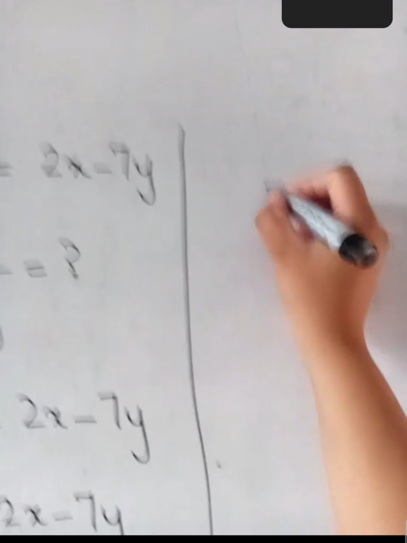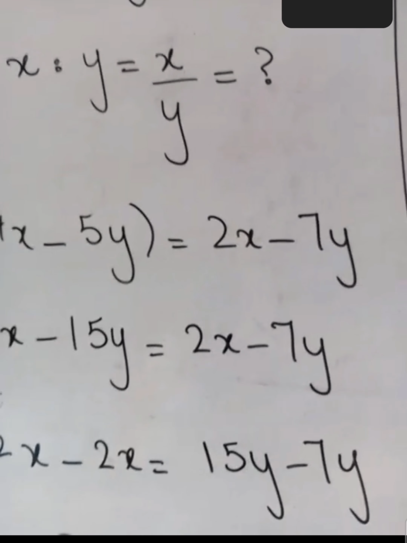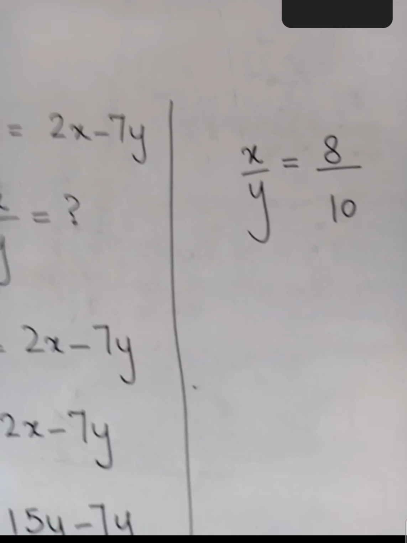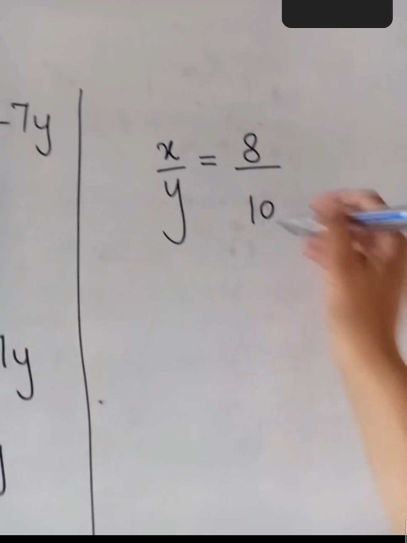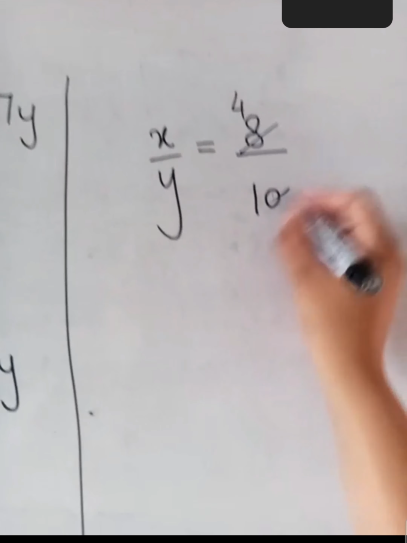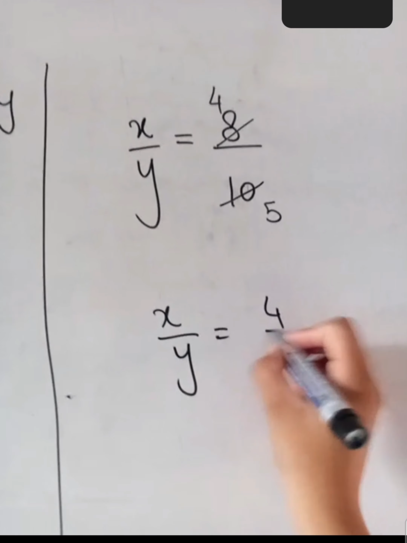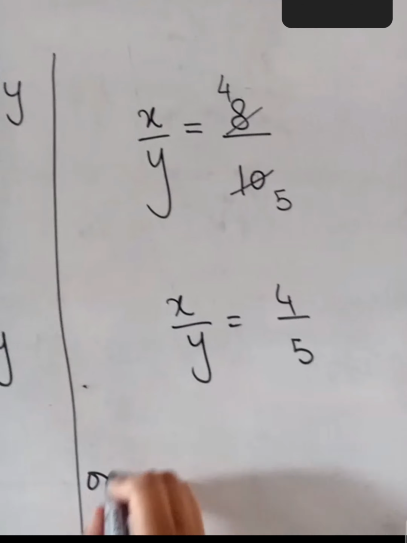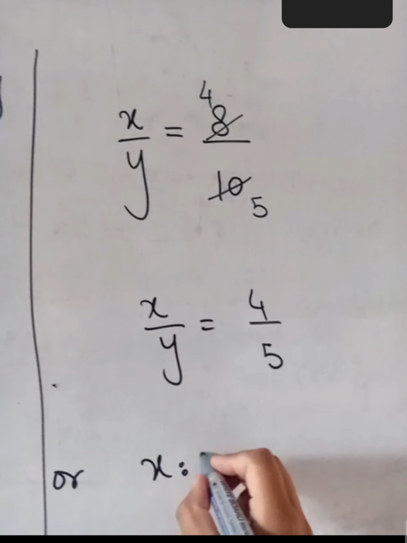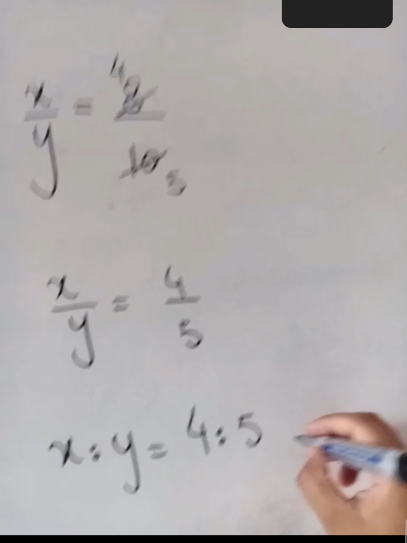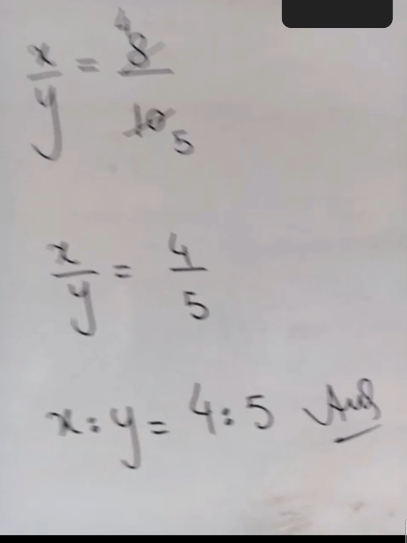So we will get x by y is equal to 8 by 10, this 10 is in the product relation, so it will be divided on the other side. Did we get the fraction of x and y? Yes ma'am. Yes, okay. Now it is 2 times 4, it is 2 times 5. So we can say x by y is equal to 4 by 5, or you can say x ratio y is equal to 4 ratio 5. This is your answer. Okay.